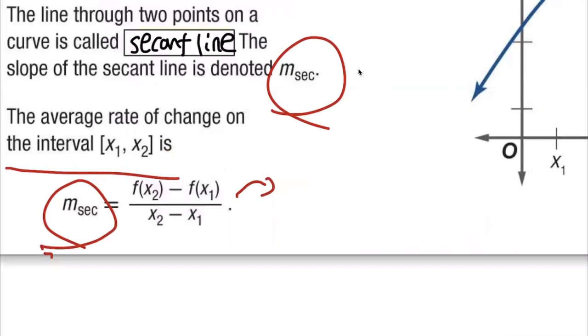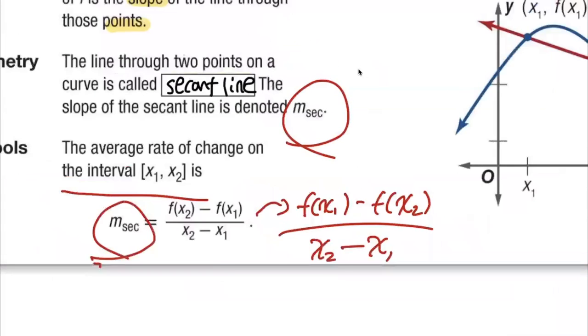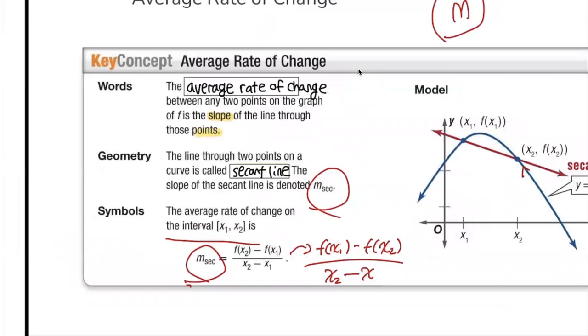This can also be written this way. The location of x1 and x2 does not matter as long as they're consistent on the denominator side and the numerator side. So we basically learned that the average rate of change of a function over an interval of the function's domain is the constant rate of change that yields the same change in the output values as the function yielded on that interval of the function's domain, okay?